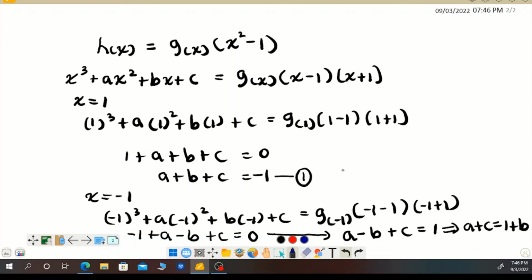So a plus c is 1 plus b, and substituting into the first equation, there is another plus b, equals minus 1. So this gives us 2b equals minus 2, which means b equals minus 1. So I easily solved the first part of the problem.